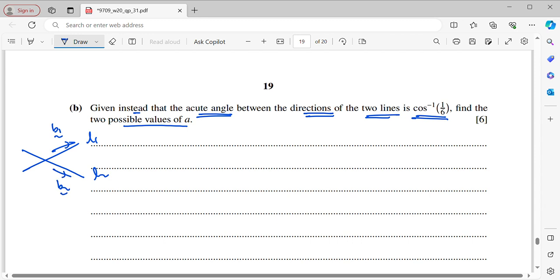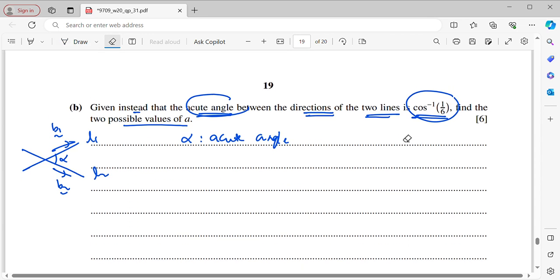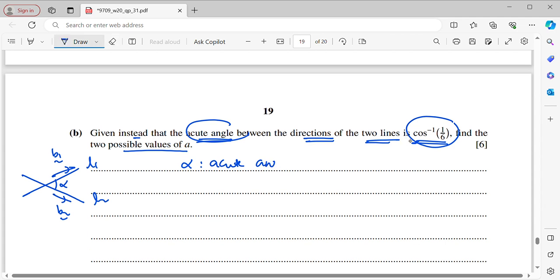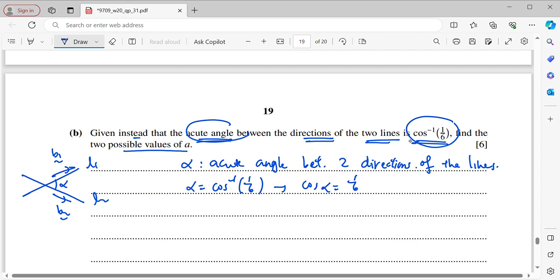This is the direction vector b2. And let alpha be the acute angle between the two directions of the lines. So alpha is inverse cos 1 over 6, which means cos alpha is 1 over 6.